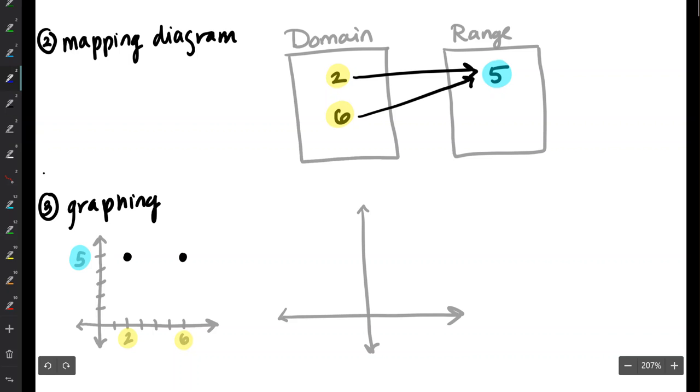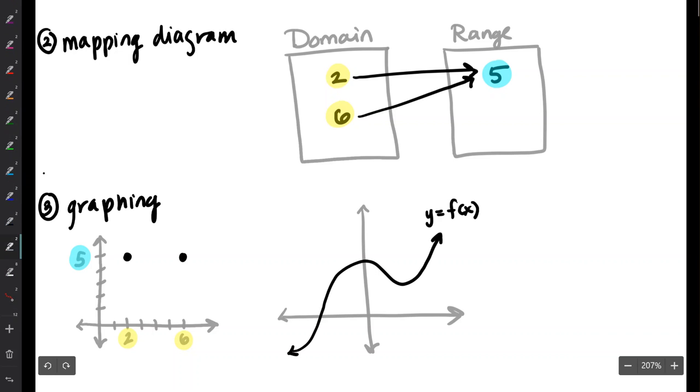How about this graph? And I'm just going to name it y equals f of x. This is still a function. If you recall, if you fix an x value, say x is 1, and I draw a vertical line so I can imagine all x values that are 1, that should go right through the 1.